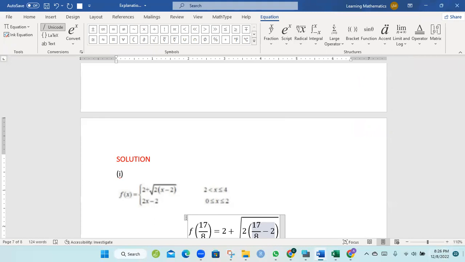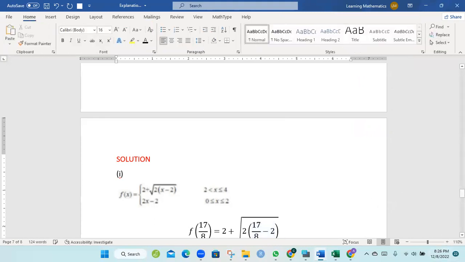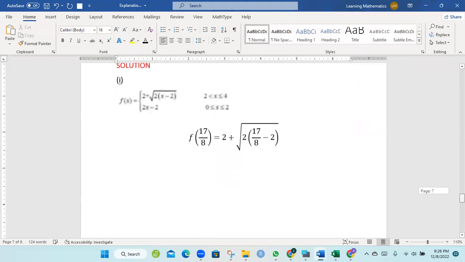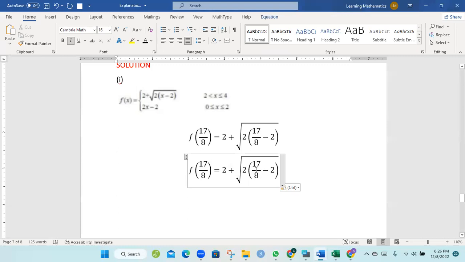And we have to find the value of f of 17 over 8 right here. So we need to do what is in the bracket first. So we have 17 over 8 minus 2. We have to find the value of this.